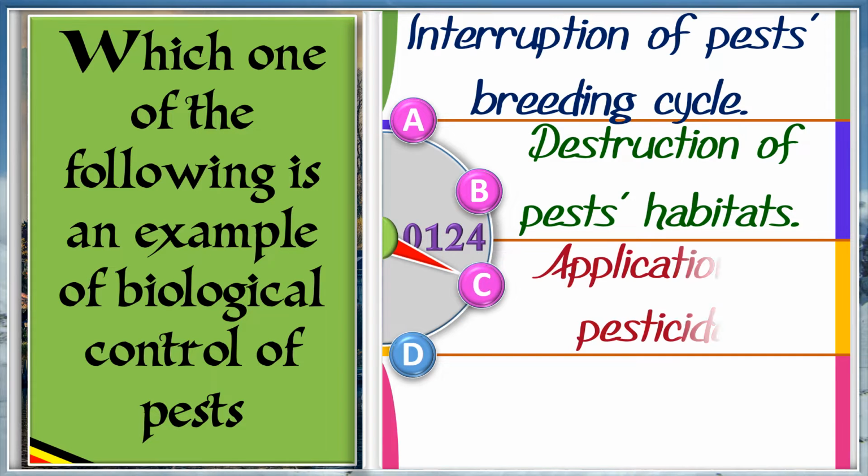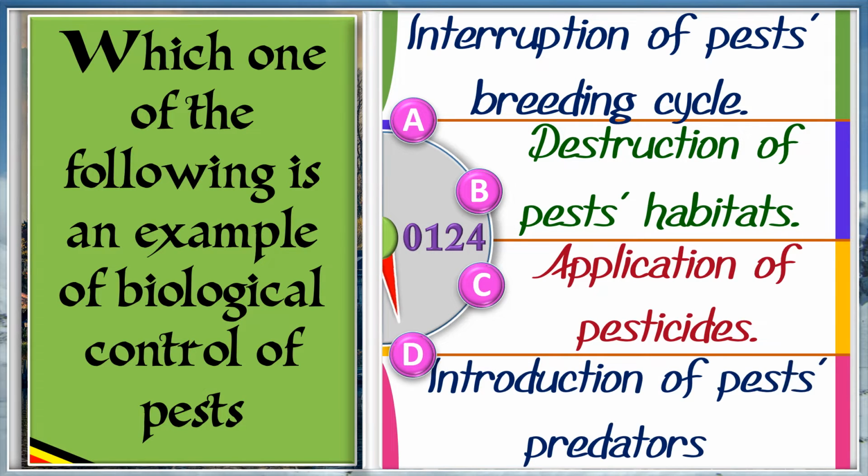C. Application of pesticides. D. Introduction of pests' predators. And the answer is D. Introduction of pests' predators.